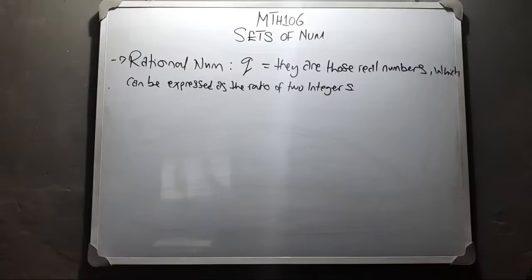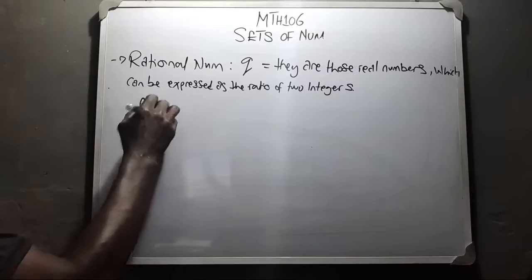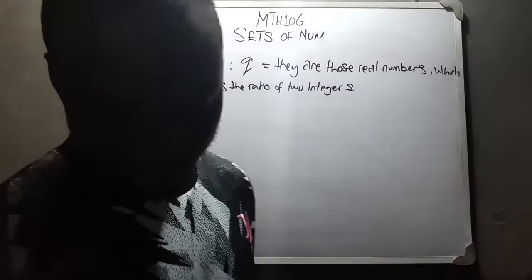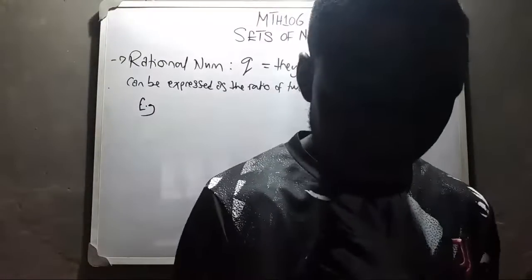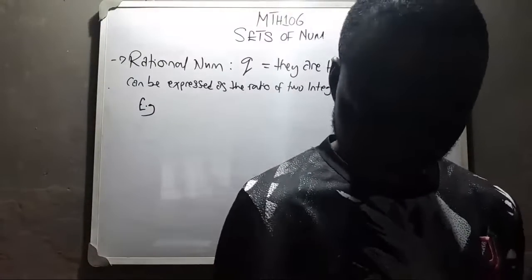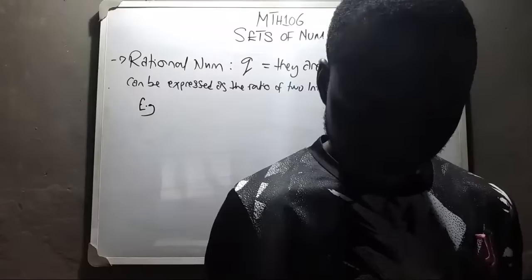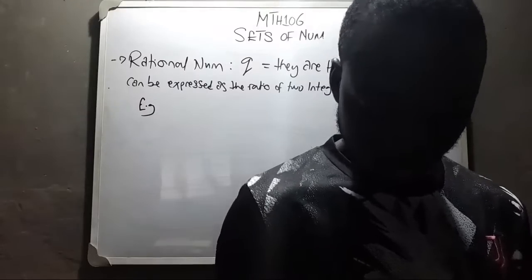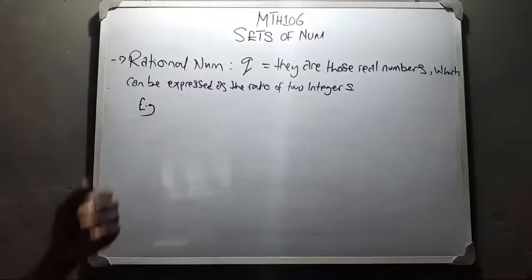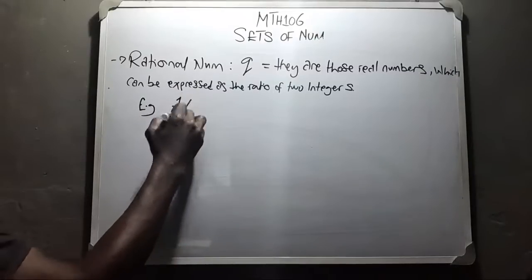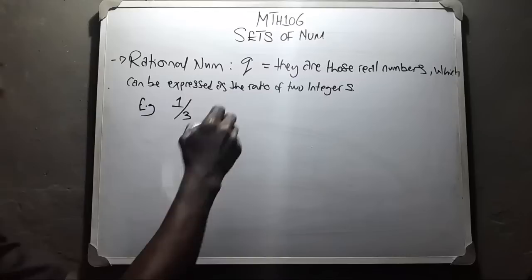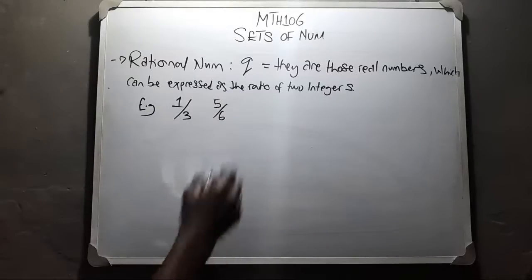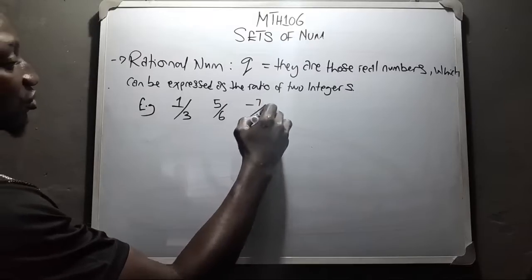Now, examples, e.g., are 1 over 3, 5 over 6, minus 7 over 12.